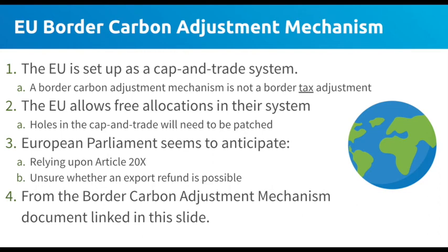One thing to note is the European Parliament seems to be anticipating that they'll have to rely upon Article 20 rather than complying with national treatment and most favored nation status. Another thing is it's not clear whether an export refund is possible. You can do an export refund for certain sorts of domestic taxes, and that's how our border carbon adjustment works. But again, the cap and trade is a price on carbon, but it's not a tax. So it's not entirely clear that the EU will be able to have a refund.